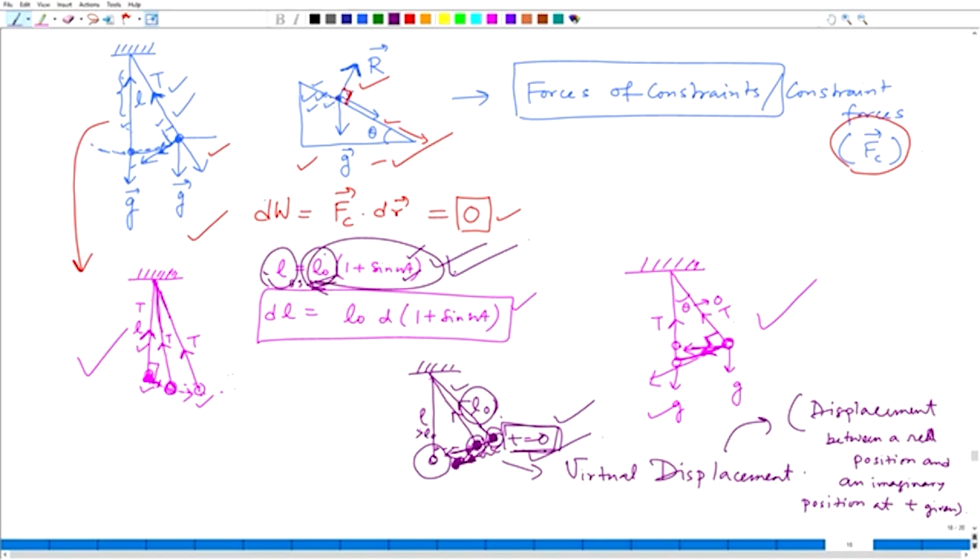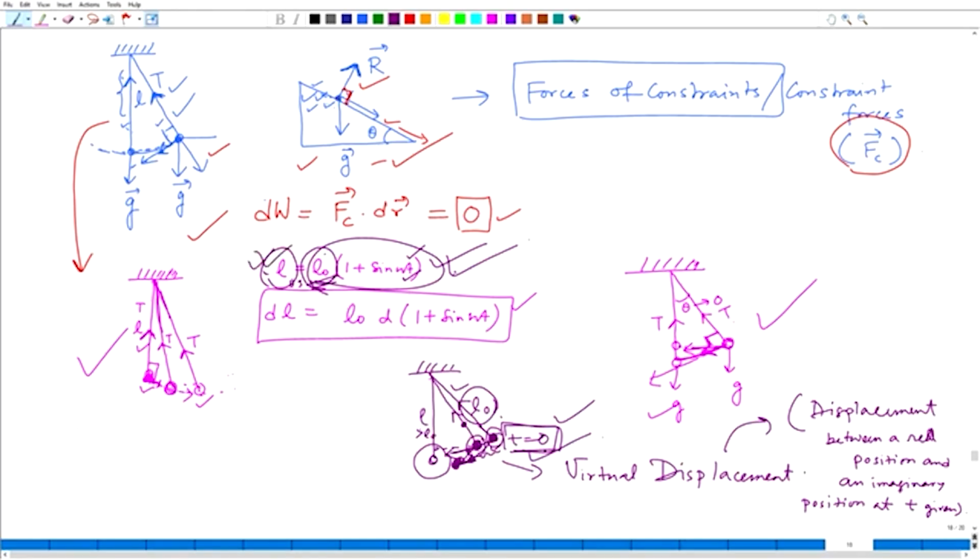That is not possible. So, for example, you cannot say, at t equal to 0 I imagine a point which is here, because that is not possible.